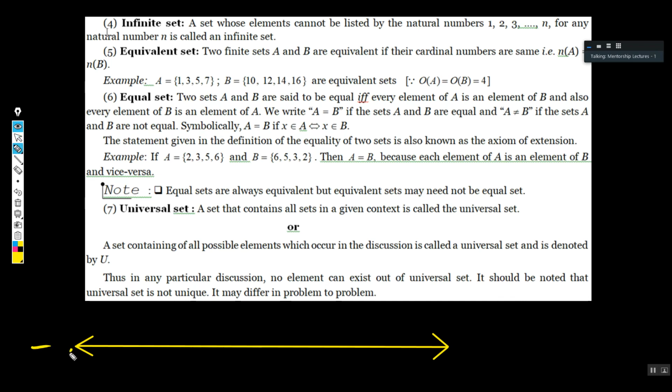It is minus infinity to plus infinity with 0 in between. So this is denoted by capital R. So capital R is an infinite set, and we've opened the brackets here.